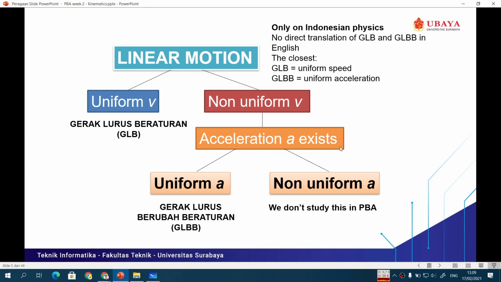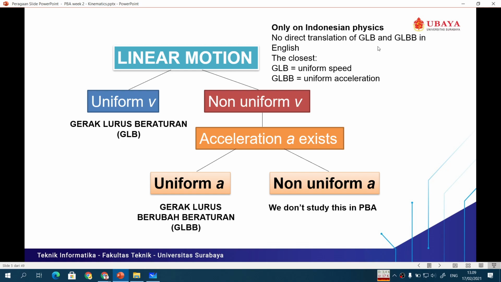We can also divide this movement into two kinds. The first one is uniform a. We know it as Gerak Lurus Berubah Beraturan or GLBB for short. The second one is non-uniform a. We won't study this in PBA, so we will only study GLB, GLBB, and combinations of them.